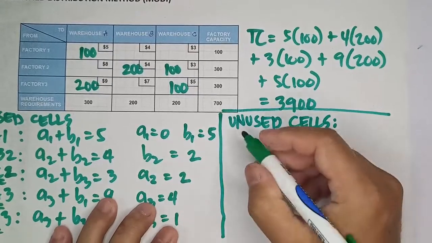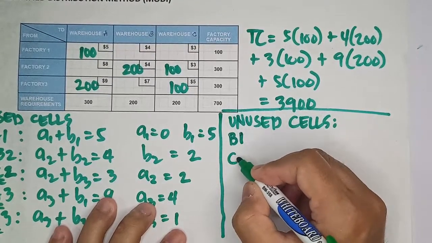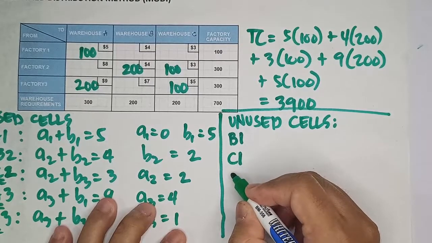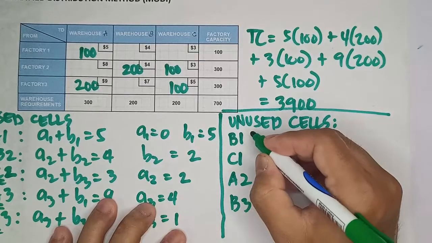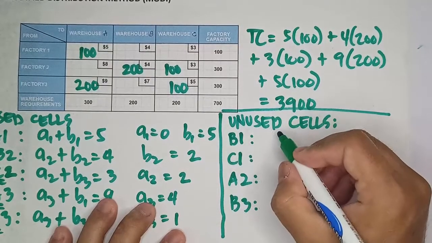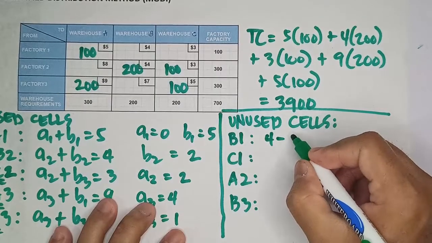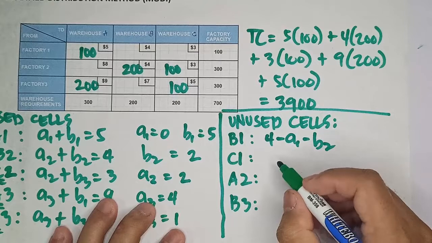And the unused cells are B1, C1, A2, and B3. The equation for B1 is 4 minus A1 minus B2.